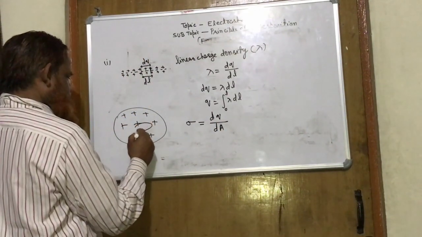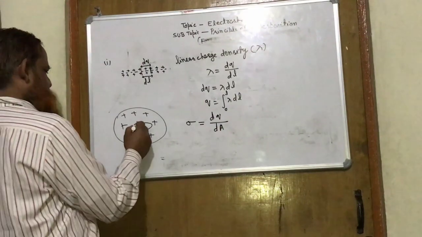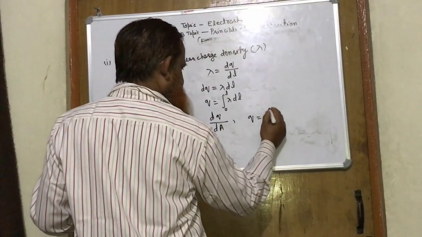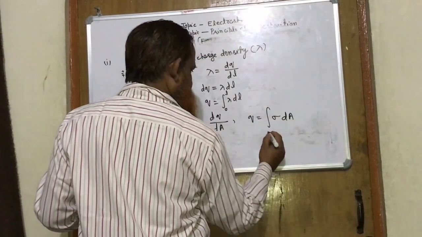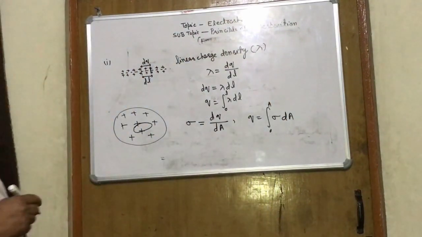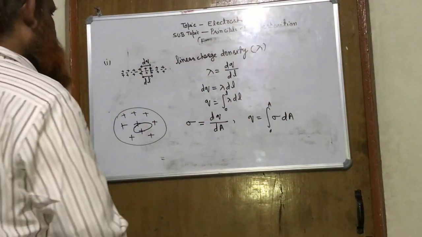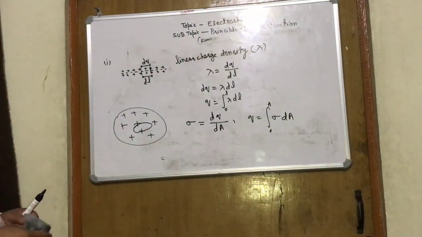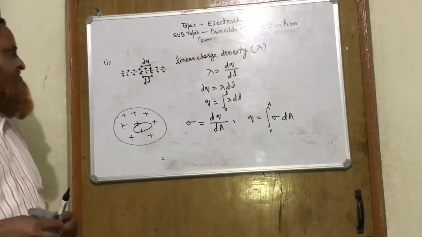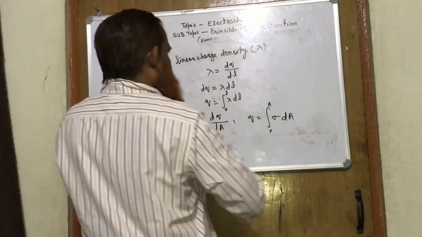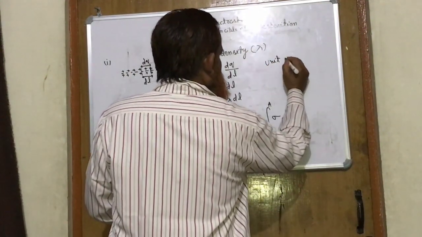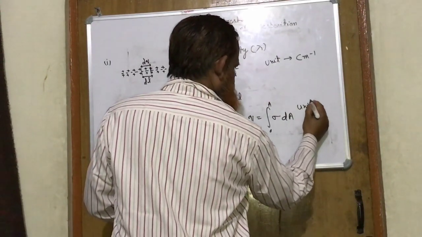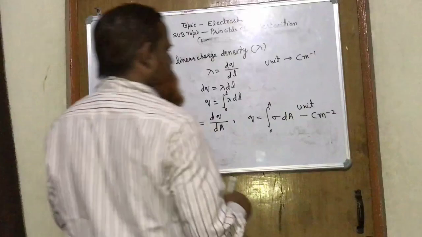If we take area dA and dq is the charge distributed in this area, then the total charge on the surface will be the integral of sigma dA. The unit of surface charge density is coulomb per meter square, coulomb meter minus 2, and the unit of linear charge density is coulomb per meter, coulomb meter inverse.